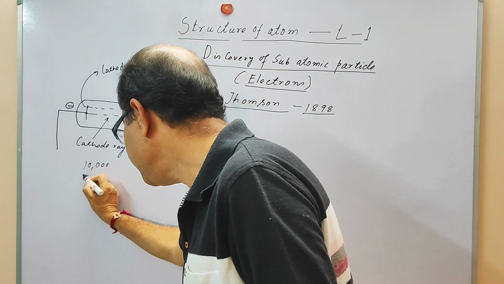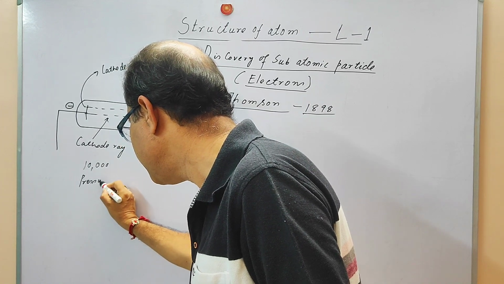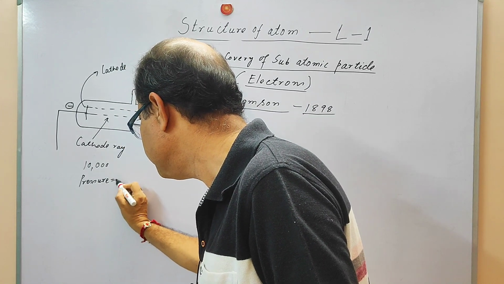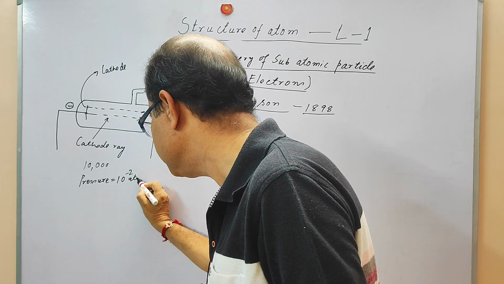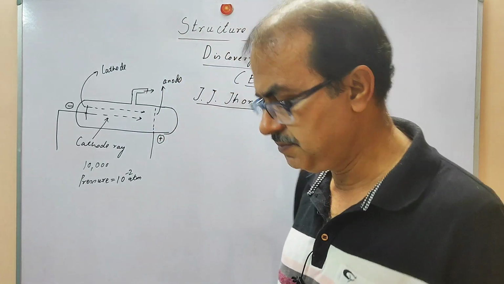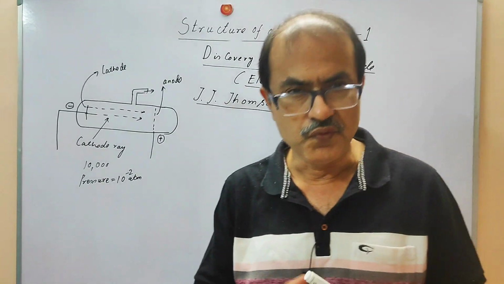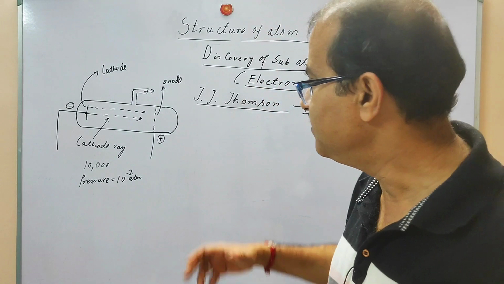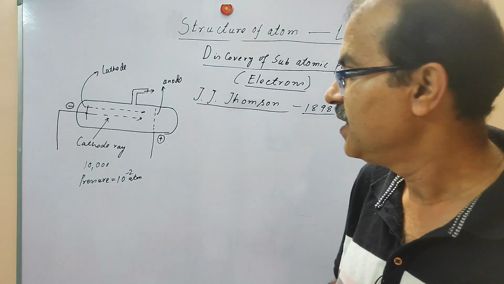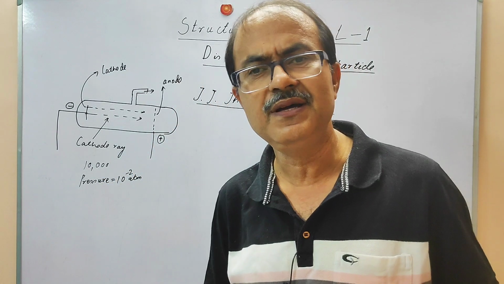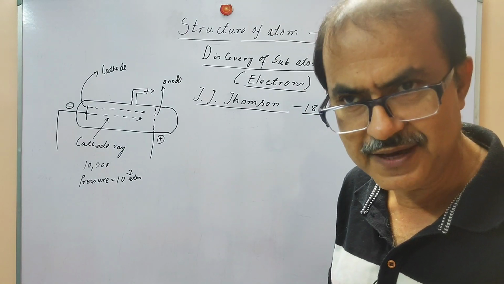So when we keep the pressure around 10 to the power minus 2 atmosphere, very low pressure, what do you observe? He observed there is a flow of electricity, that is, there is a glow in the cathode tube, and the color of the glow depends on which type of gas you kept.